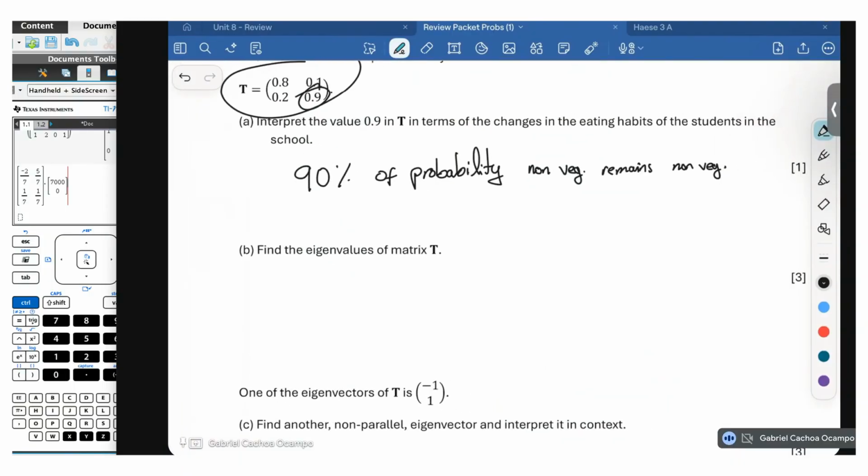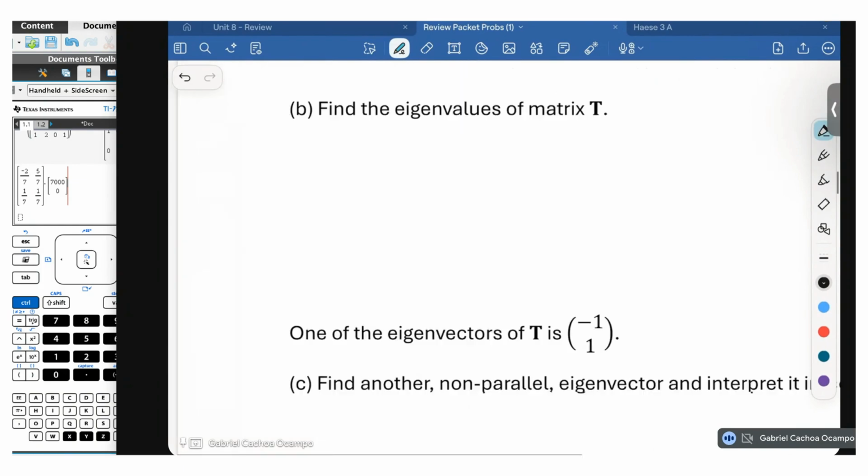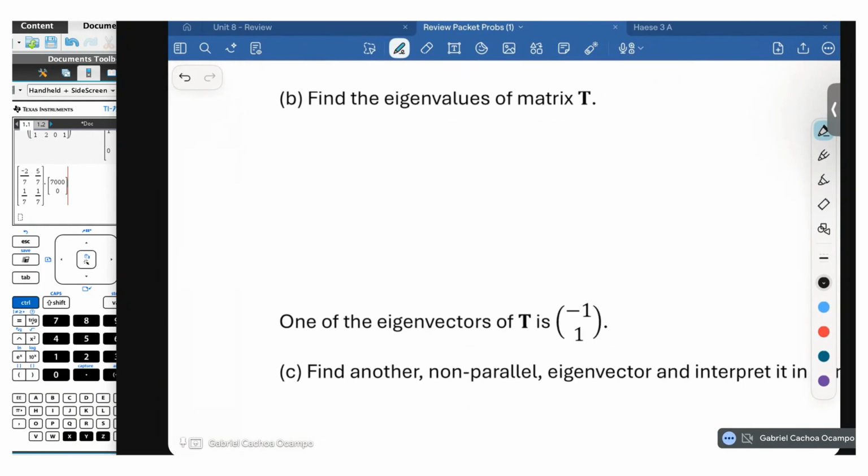Remember that when they are asking us for the eigenvalues, we need to solve the characteristic polynomial. Remember, this formula is in your booklet: the determinant of A minus lambda I equal to 0.